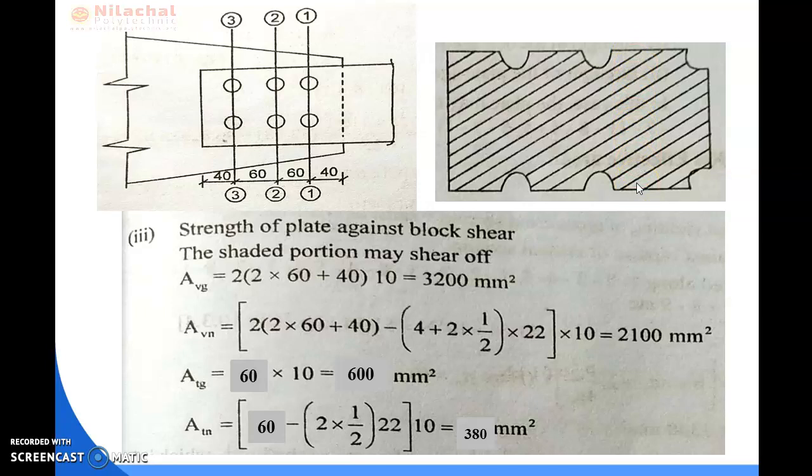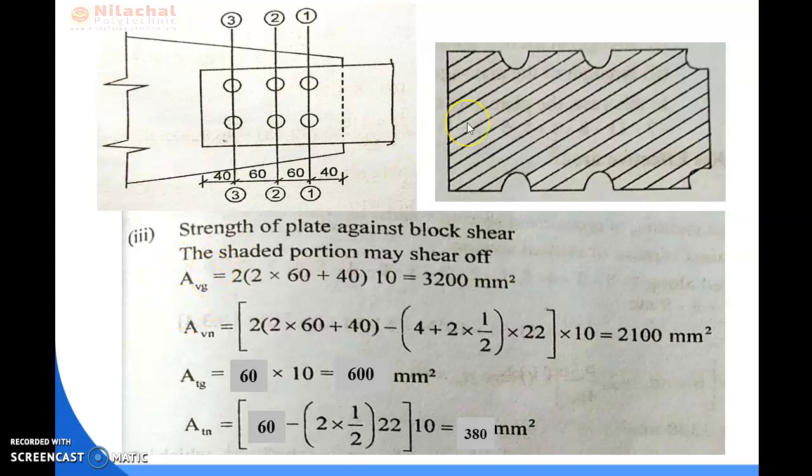When we calculate the Avg and Avn values, we have to consider the horizontal portion. And when we calculate the Atg and Atn values, we have to consider the vertical portion of the block shear. So now we have to calculate the Avg value.